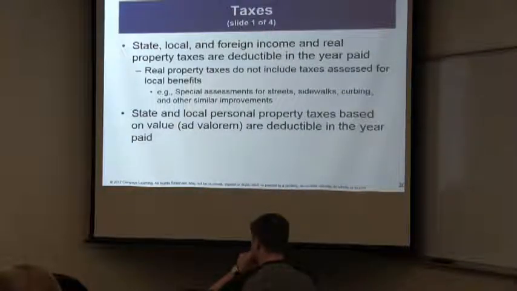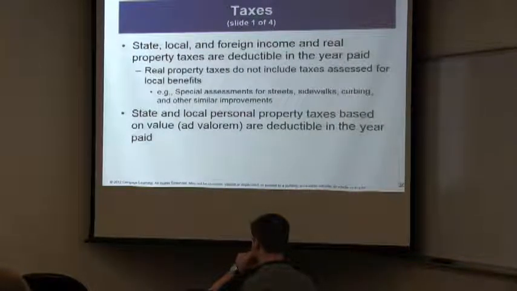Ad valorem is Latin for value added. That means the piece of the property tax that is based on something other than the value of the property is not deductible.